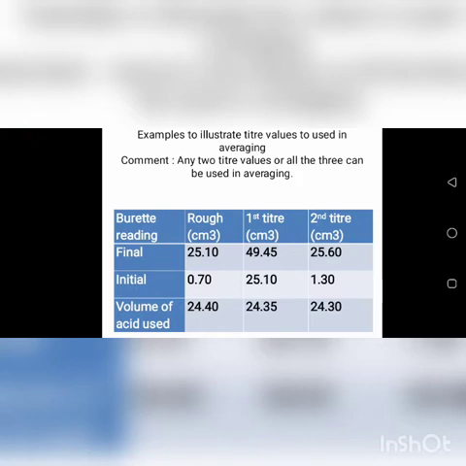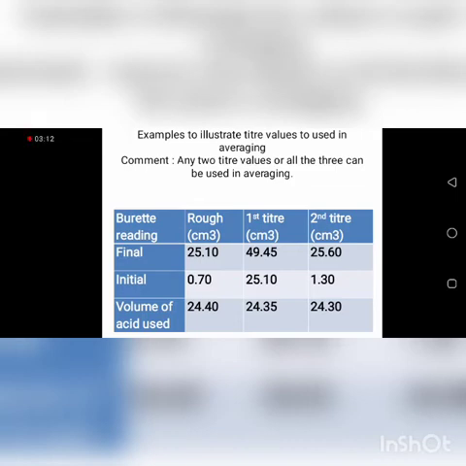So after subtracting the initial from the final, you have the volume of acid used for the rough as 24.4 cm3. For the first titre value it is 24.35, and for the second titre value it is 24.30. So from this, if you subtract 24.40 minus 24.35, the difference is within 0.2.